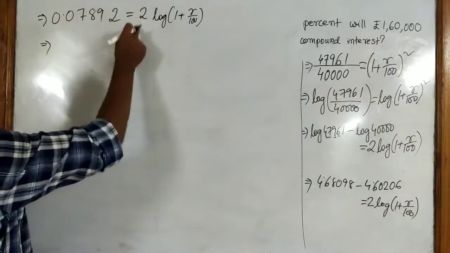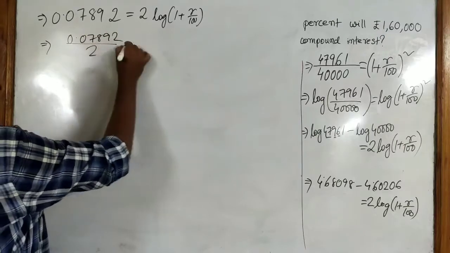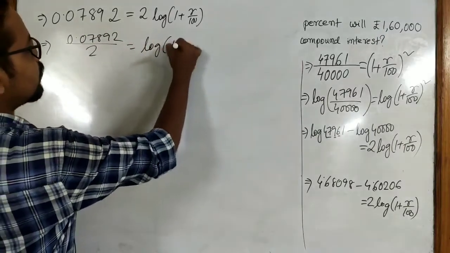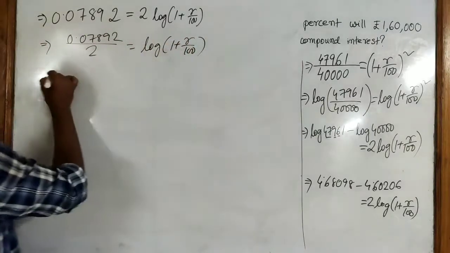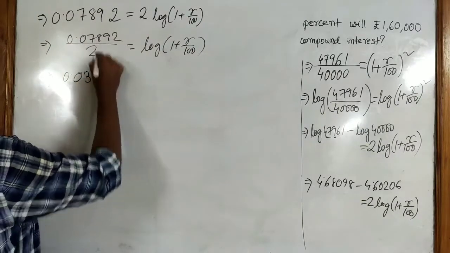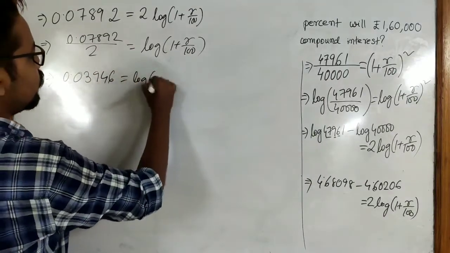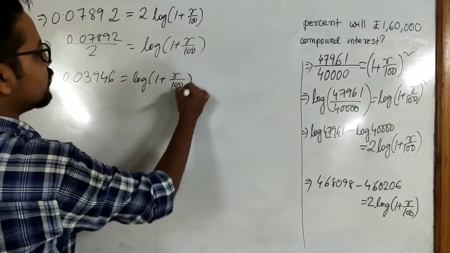So what we can do is bring the 2 on this side. So it is 0.07892 by 2 is equal to log of (1 plus R by 100). So let's find this value. It is going to be 0.0394 and then 6. So it is log of (1 plus R by 100).